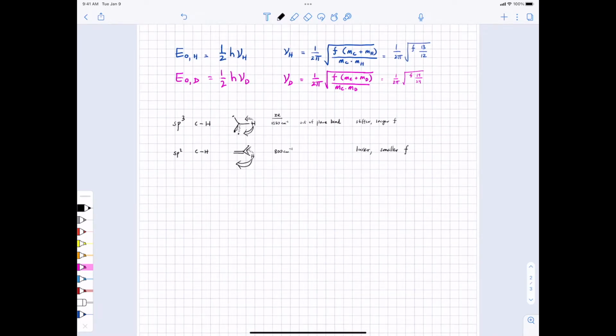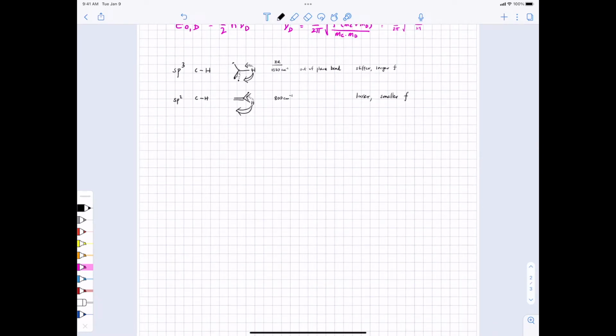So let's imagine a reaction where we're rehybridizing at a carbon. Perhaps this is an elimination reaction.